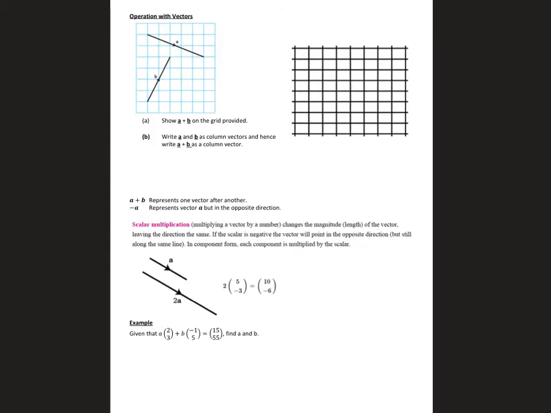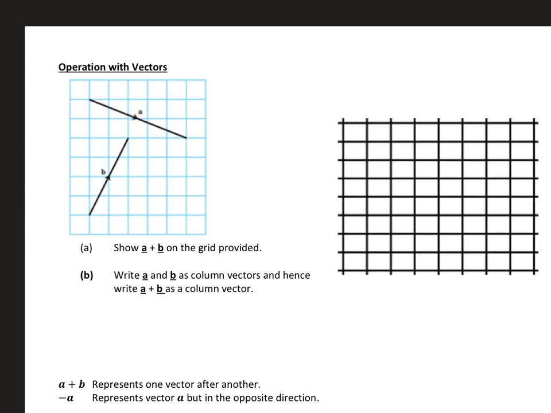Okay, the next little bit we're going to talk about is operations with vectors. So as you can see in the diagram, I've got a vector A and a vector B. Now on the grid opposite, I'm going to show the vector A plus B. So with vectors, plus just means one followed by the other one.